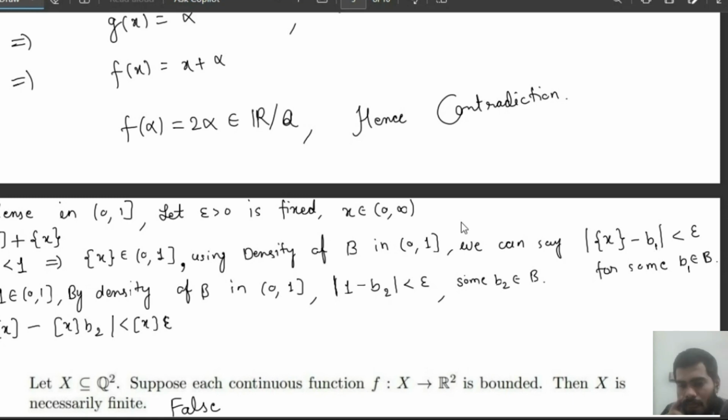Right? Now, this will imply actually x minus b1 plus b2 is equal to this.